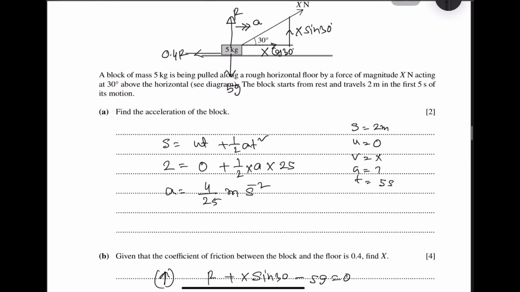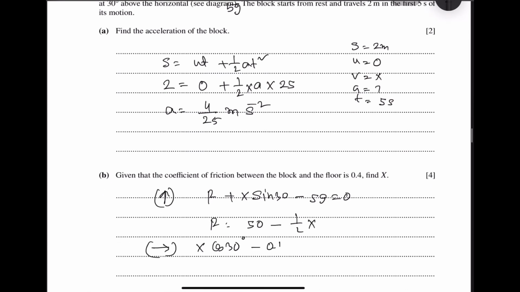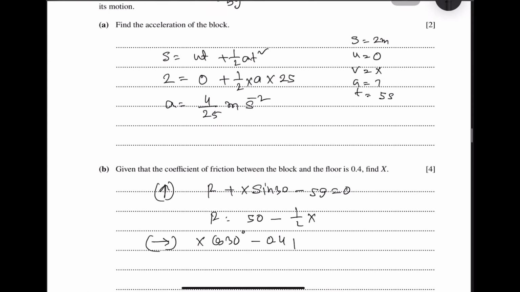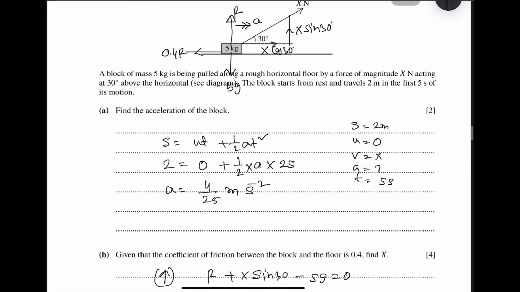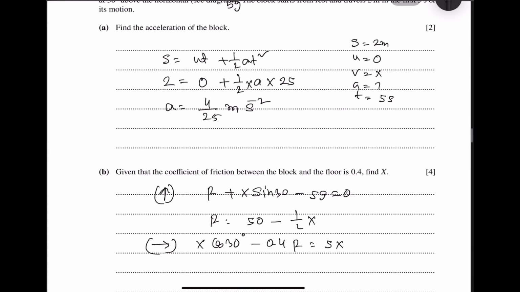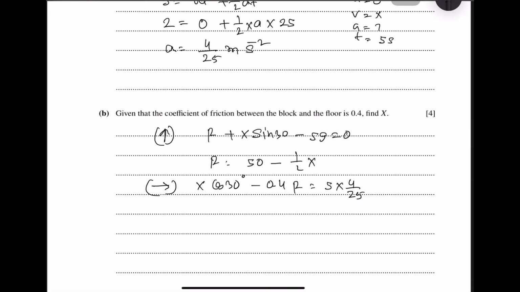Now resolving in the direction of acceleration, the direction of motion: x cos 30 minus 0.4 R equals mass times acceleration, 5 times acceleration, which is 4 by 25. Now it is necessary to simplify. Root 3 by 2 x minus 0.4 times (50 minus half x) equals 20 by 25.